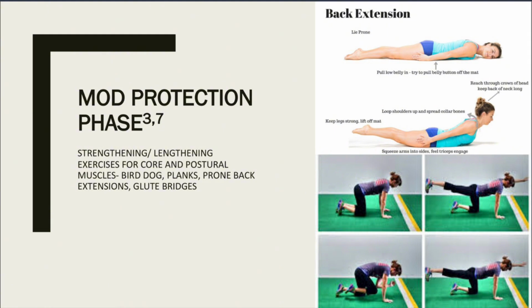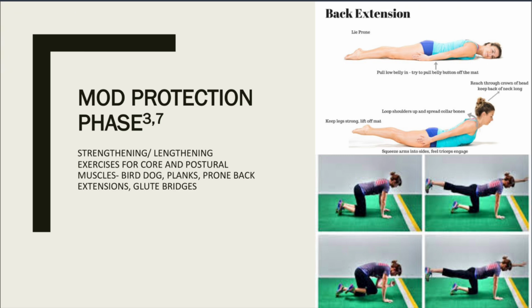And then for the moderate protection phase, we have strengthening and lengthening of the erector spinae muscle group. These will target the muscles that are necessary for spinal alignment. So if we strengthen these, the patients could just have better posture overall.